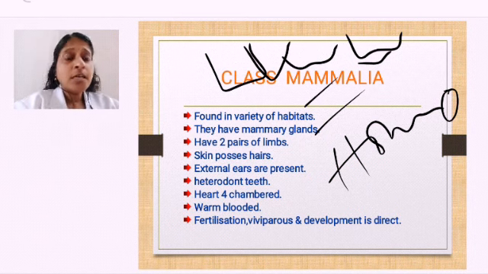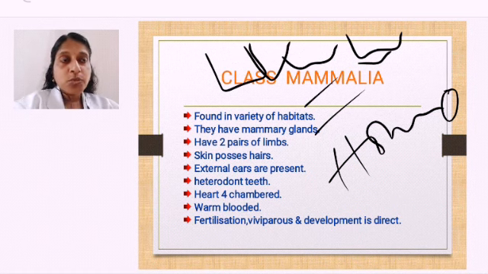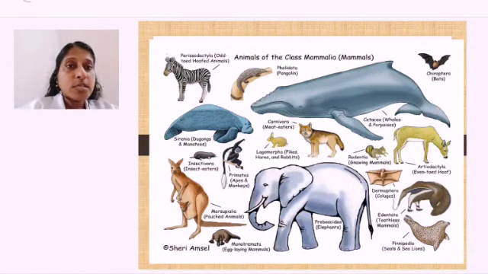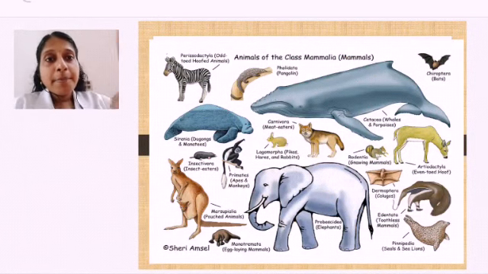Fertilization is internal. Viviparous, sometimes giving birth to young ones directly, and development is direct, which means the young one resembles the adult, no metamorphosis. So that is regarding the characteristic features of Mammalia.